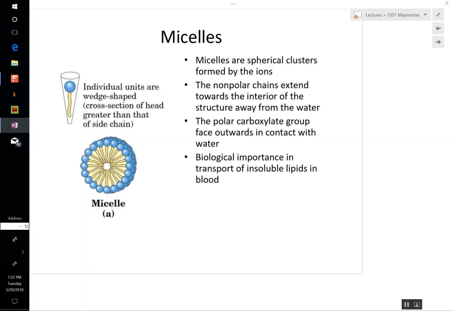And so it will form a micelle like that in water where, imagine that you got all of these pointing out towards the water, and this is pointing inside into this sphere of fat-soluble tails. And so these things here can emulsify oils. Oils will dissolve in here. They don't like it out here. So they'll find their way into the middle of this micelle. And that's how soap works.